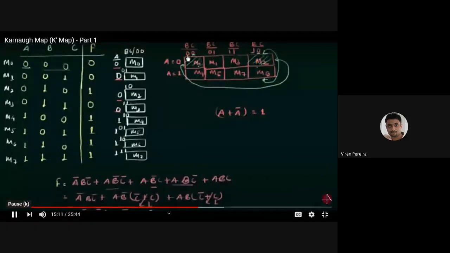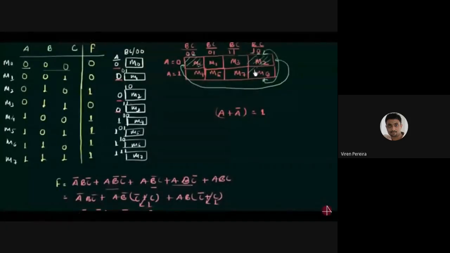One to 0. Similarly, if you compare M2 and M6, you will find B and C are the same, 1 0, but A is changing from 0 to 1. So adjacency also follows. This is called the rolling of the map, or map rolling.